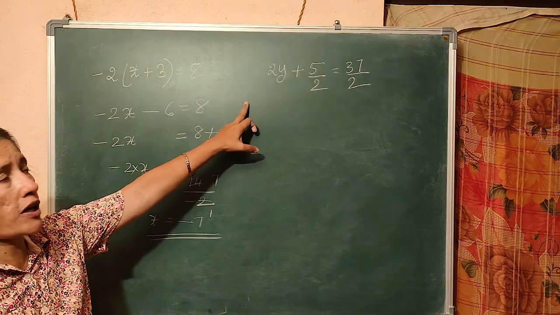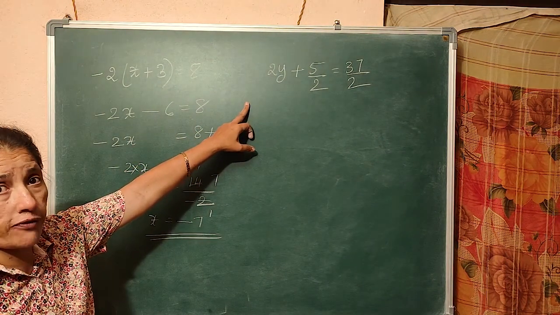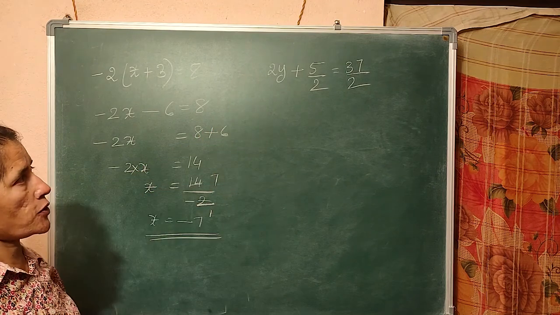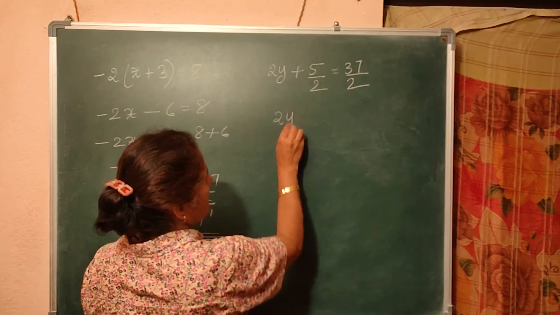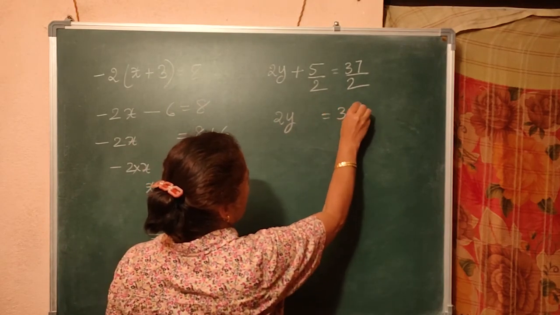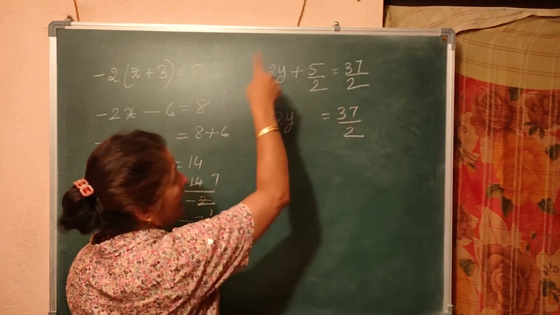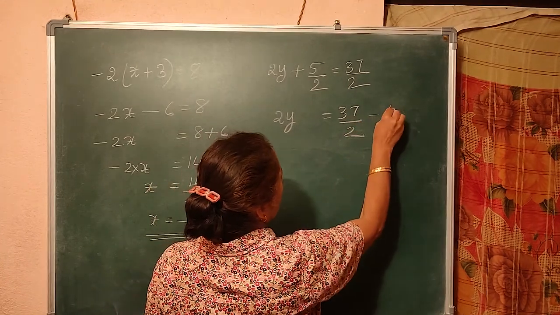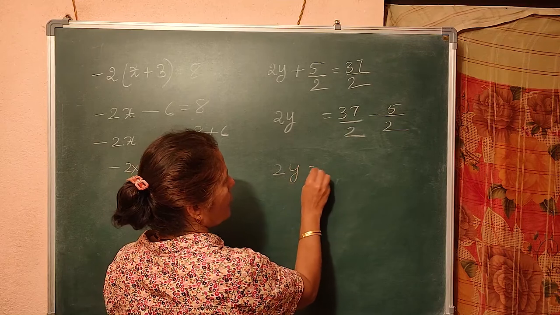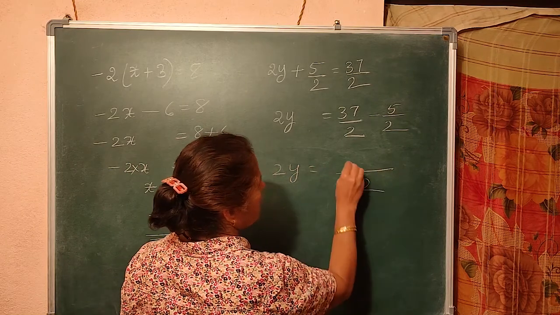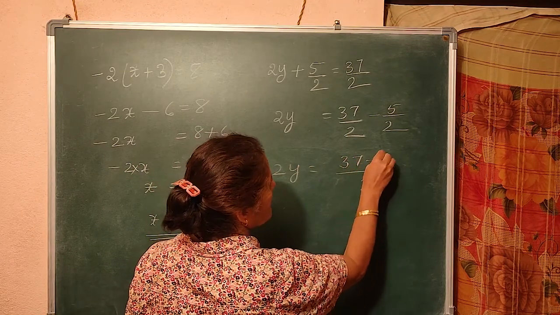Now let us try to solve the exercise. This is the first equation, the first question of the exercise. Let us try to solve. See here 2y is there. I write down 2y is equal to 37 by 2. This one I will take to that side, minus 5 by 2. So what do I get? 2y is equal to, 2 is the common denominator, 37 minus 5.